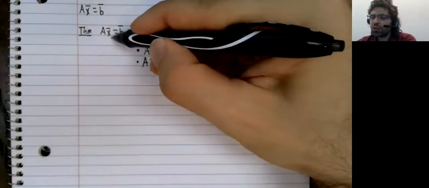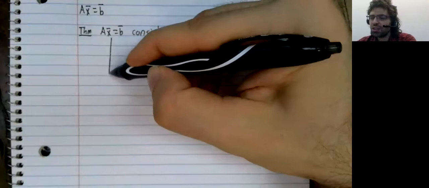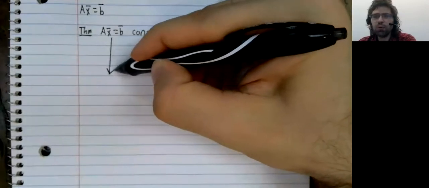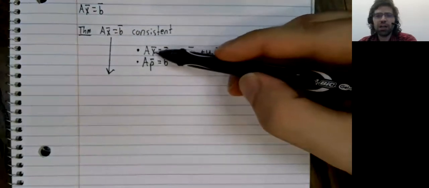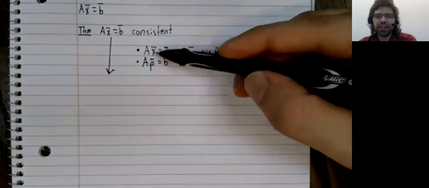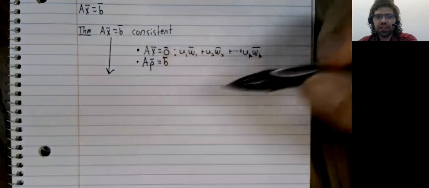and the solution set to AX equals B is gotten by combining these.